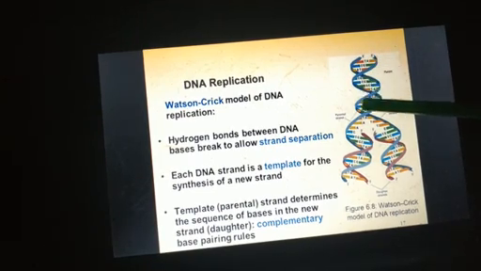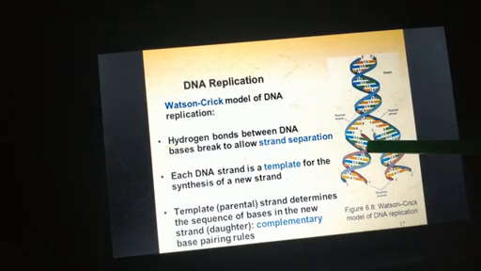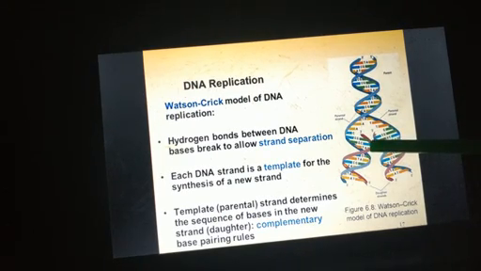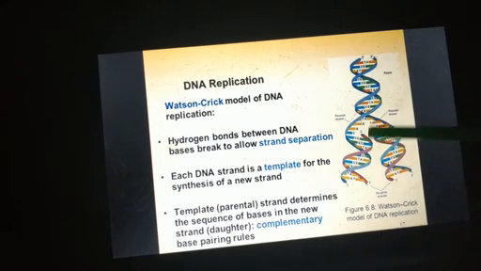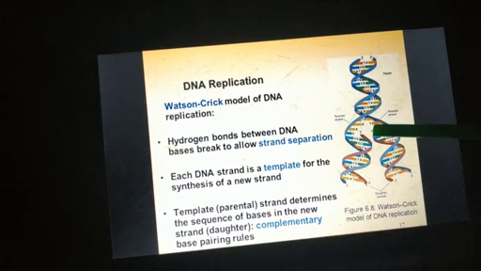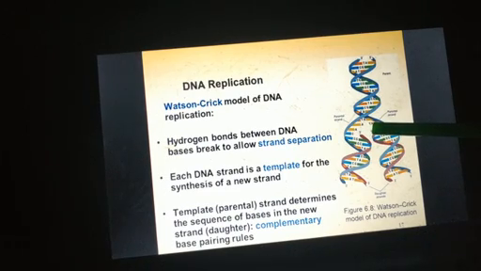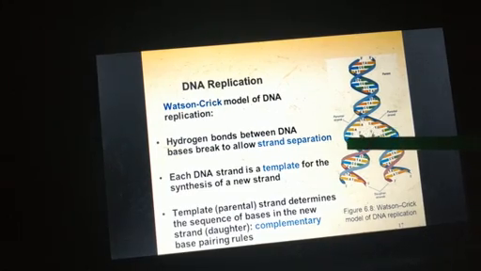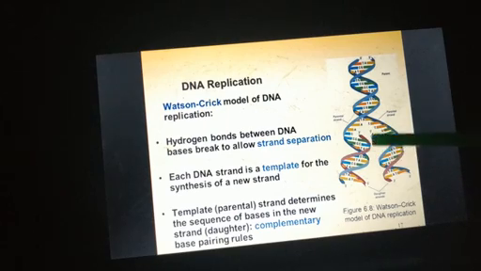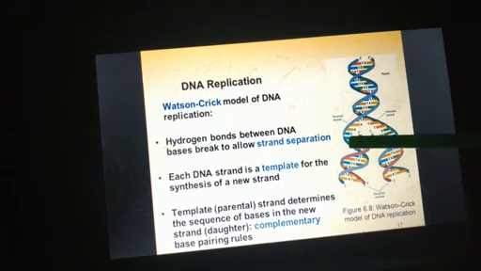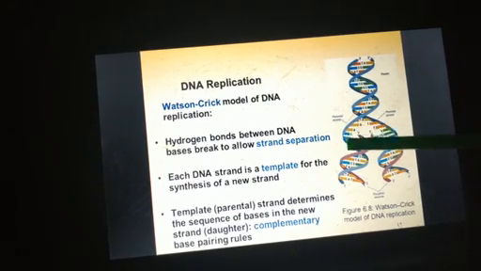Because if we break this down, then only a new strand can be synthesized. So we need to break down the hydrogen bonds between the DNA bases, so that it will allow the separation of the two strands. By breaking the hydrogen bond between the bases, we are separating these two strands of DNA.